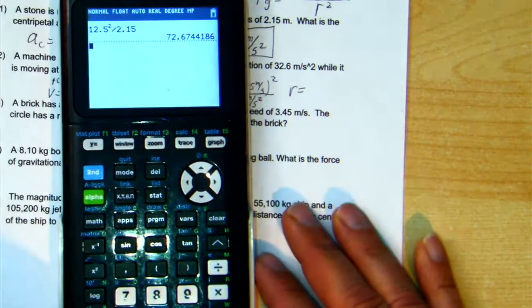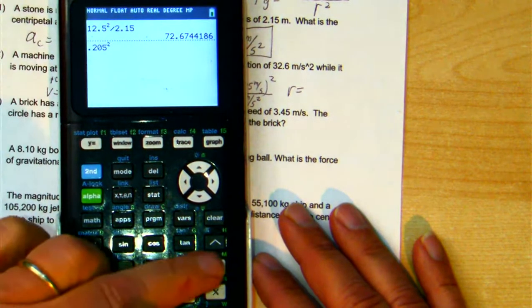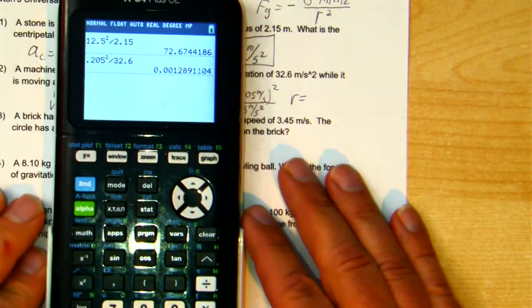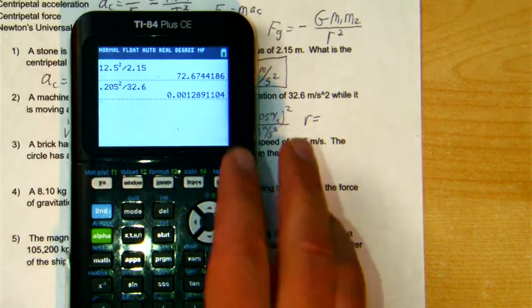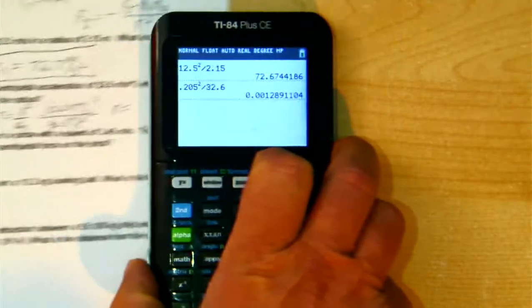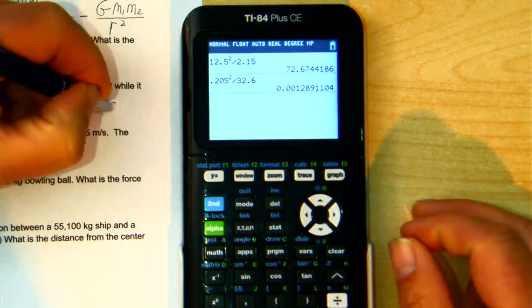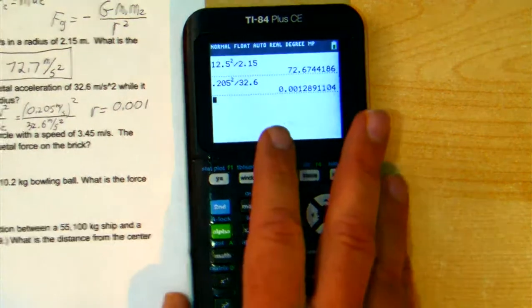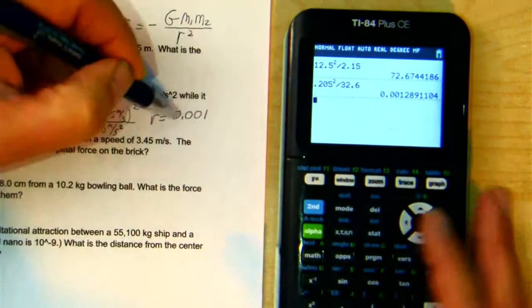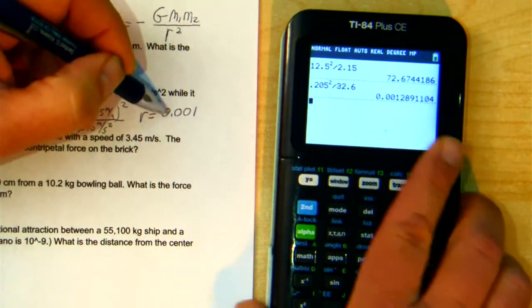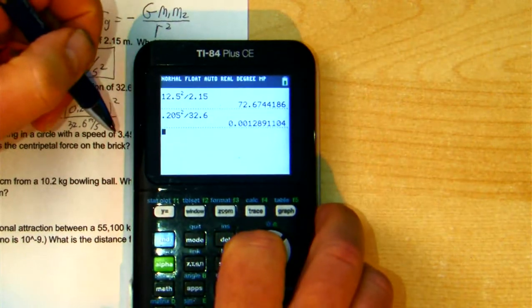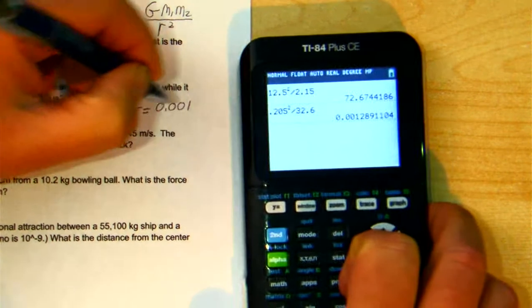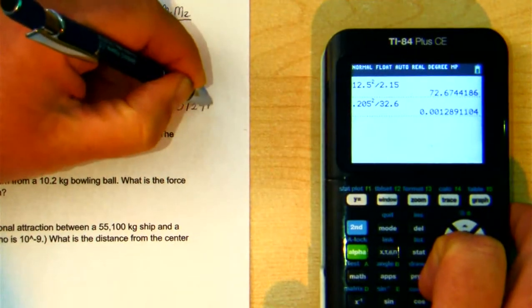So 0.205 squared divided by 32.6 is a very small radius. In meters, it says 0.001. Now that's only one significant digit, so don't just write that. Do this to 3 sig figs, where it says 0.00129 meters.